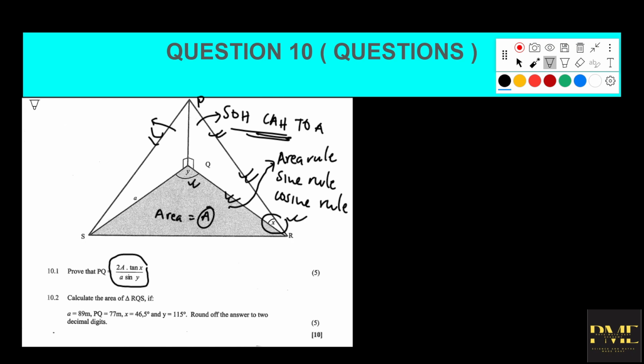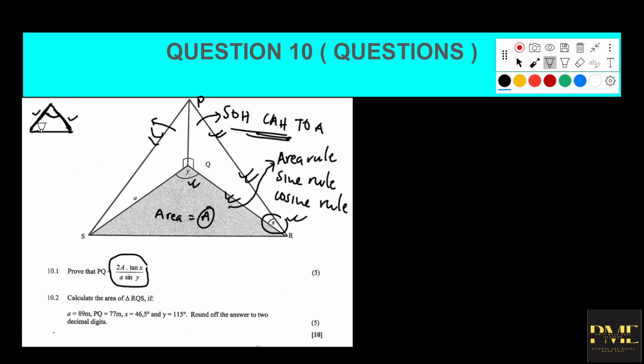If you are given a triangle in such a way that you have an included angle and then the two sides next to that angle, you can always make use of the area rule in this case.